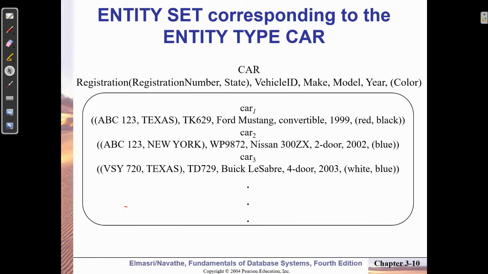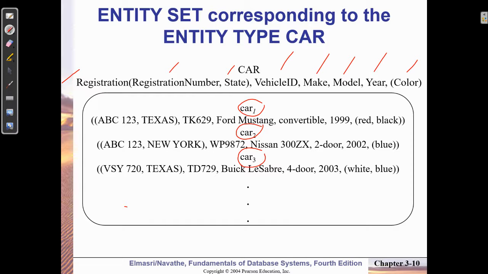So, entity set corresponding to the entity type car. Here they have taken the car and its attributes: the registration number and state, vehicle ID, make, model, year and color. If I take the entity of a car, car 1, car 2, car 3, every car has the attribute of registration, consisting of registration number and state, vehicle ID, make, model, year, color.